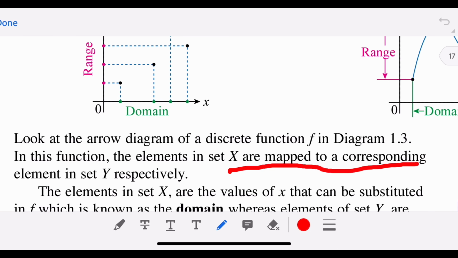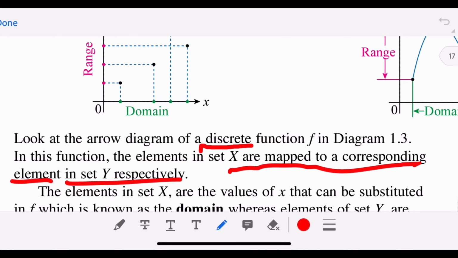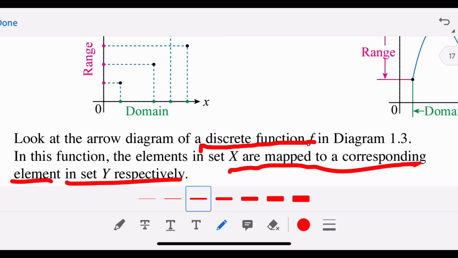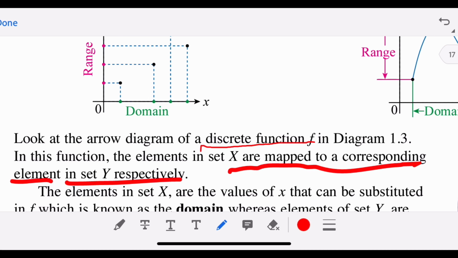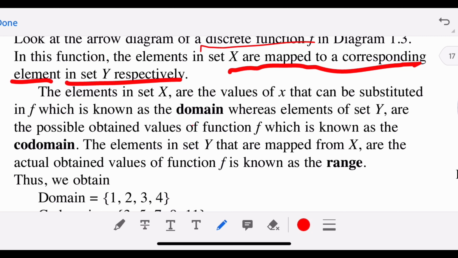In this function, the elements in set x are mapped to corresponding elements in set y respectively. Look at the arrow diagram of the discrete function f. The elements in set x are the values of x that can be substituted into the function, which is known as the domain. The elements of set y are the possible obtained values of function f, which is known as the codomain.